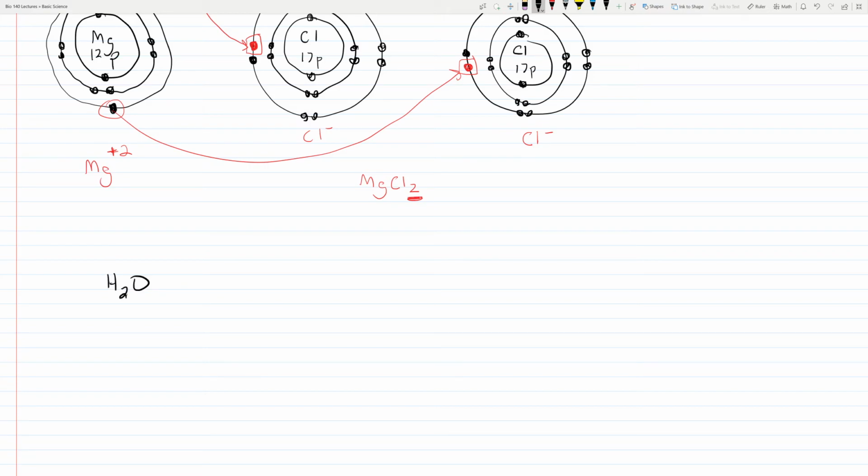So now we use the symbol for the element or the atom to represent what we're dealing with. We use subscripts behind.